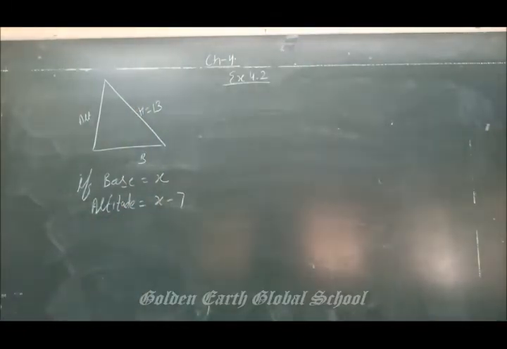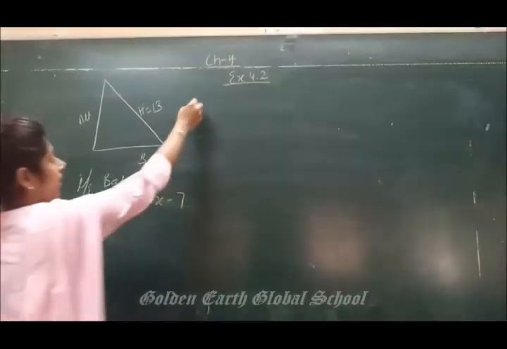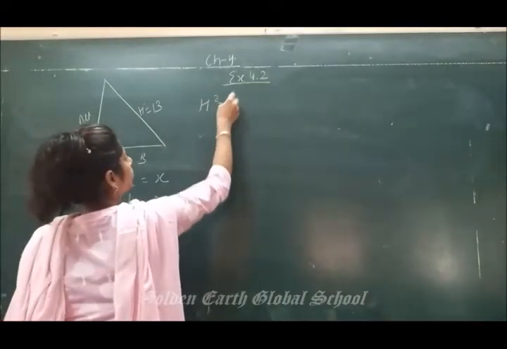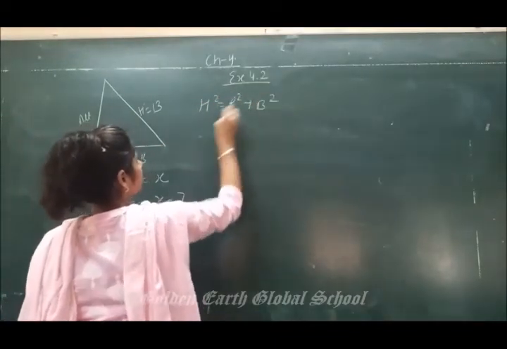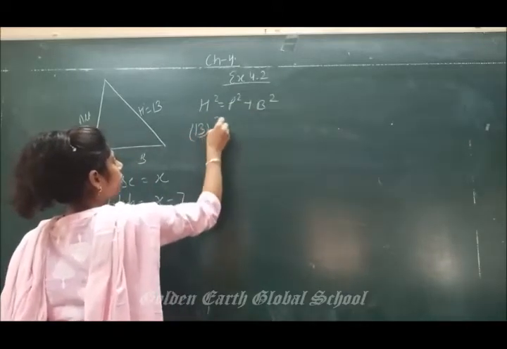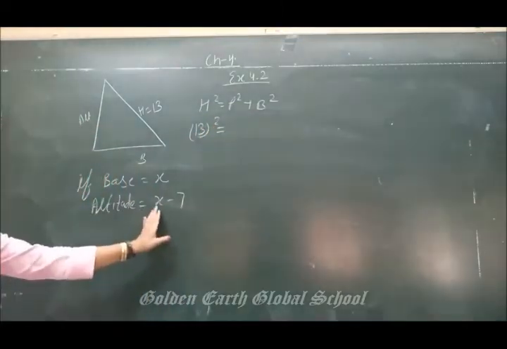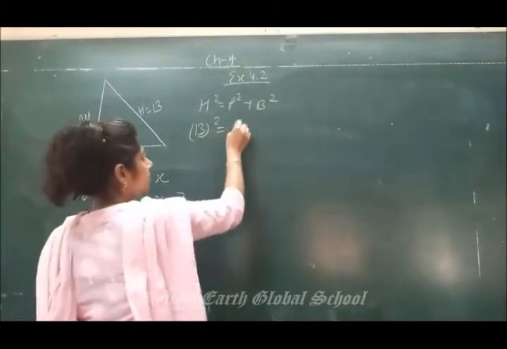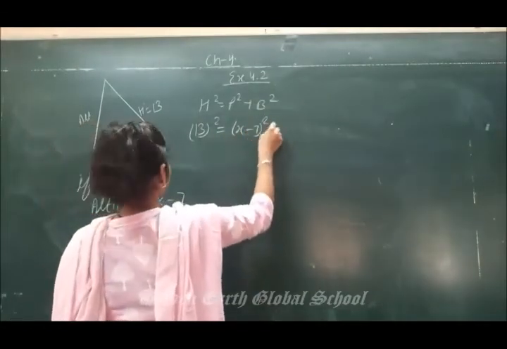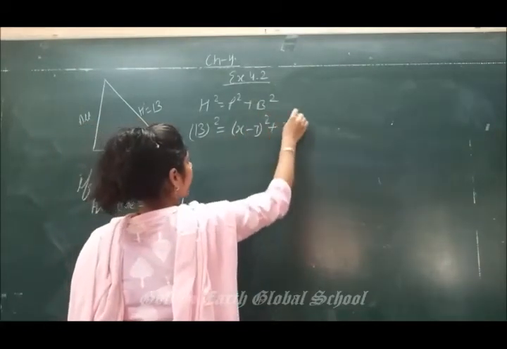Now by using the Pythagoras theorem, hypotenuse square is equal to perpendicular square plus base square. Hypotenuse is 13. Perpendicular means altitude, which is x minus 7. Base is x.